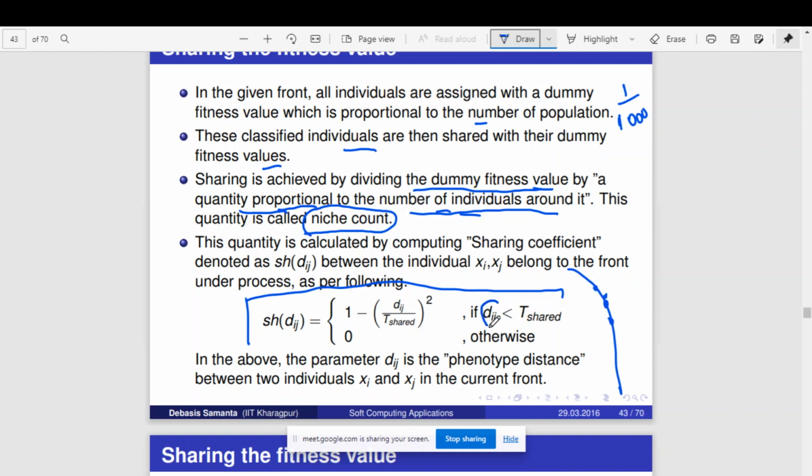If nobody is a neighbor of this individual, say there is an individual here and nobody is neighbor to him, then what will be his niche score? As per this, his niche score is 0. So if there is nobody, the niche score will be 0.